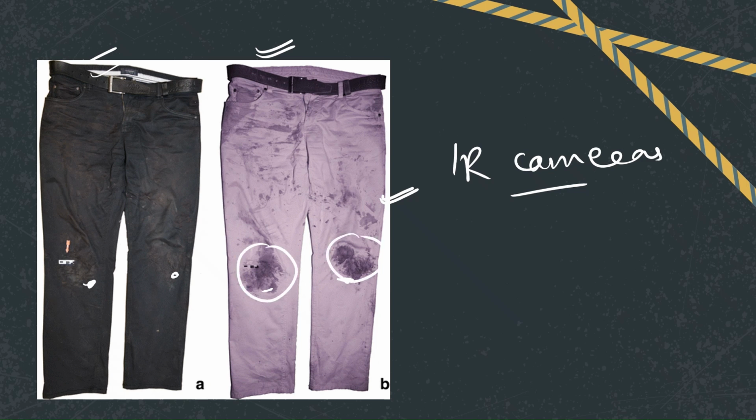Now, IR cameras capture images using infrared light, and they are used for seeing through certain materials, detecting altered or forged documents, photographing in complete darkness, and they also help in revealing evidence that has been obscured or burnt. They are particularly valuable in arson investigation and document examination cases.